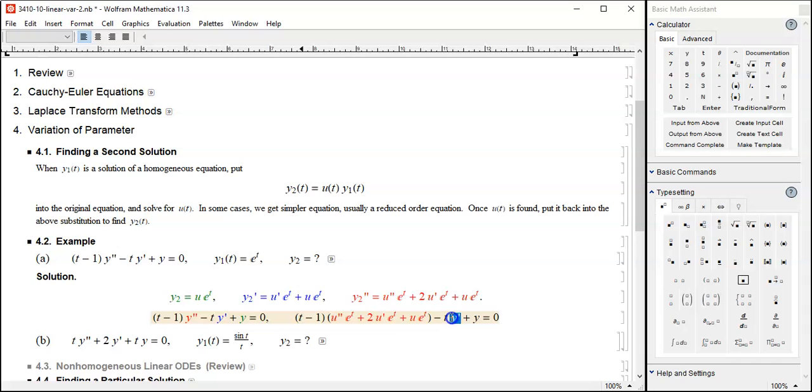And then here I'm gonna put this in blue. And then in place of y here, I'll put this in.